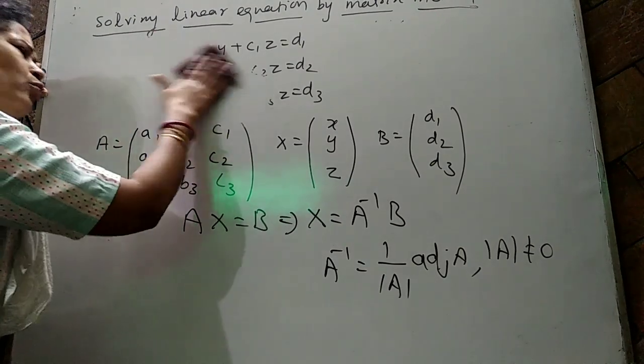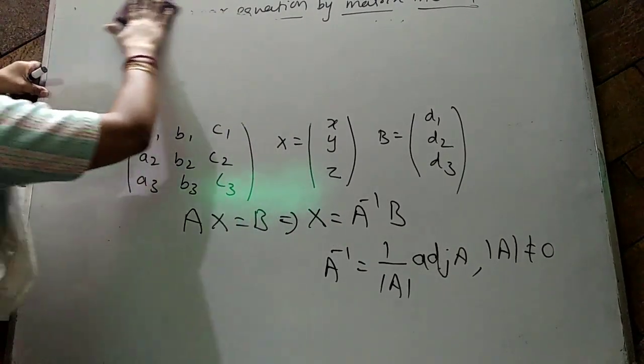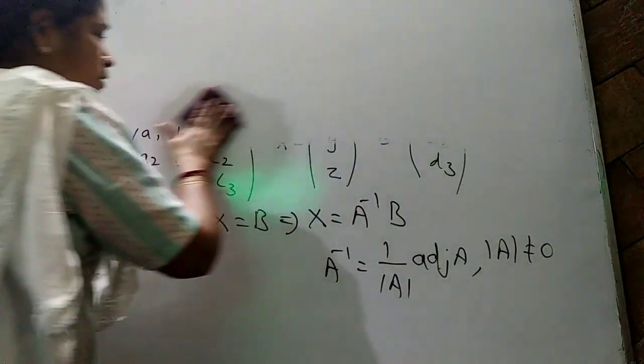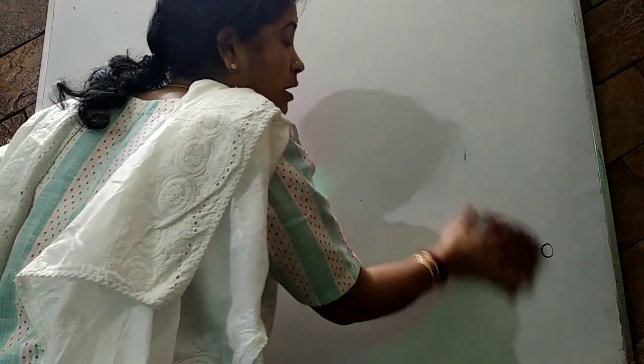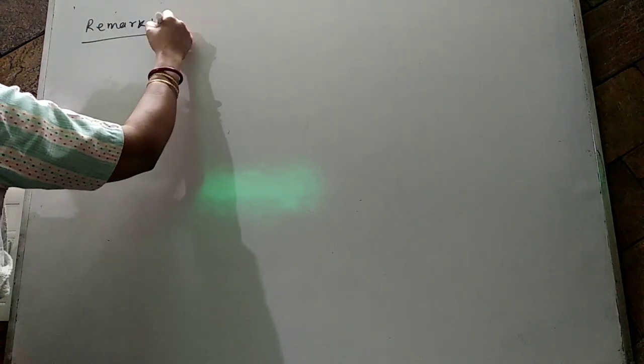Now I'm giving some remarks. Write down the remark. One of the most important remarks at the time of solving linear equations: what precautions we have to take, what notes we have to keep in mind. Remark number 1.